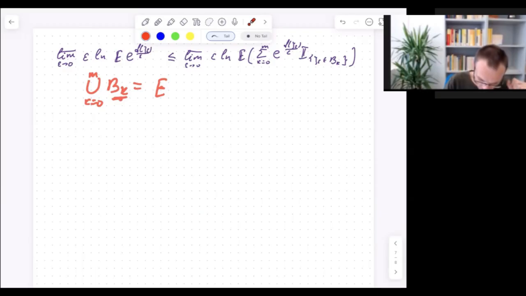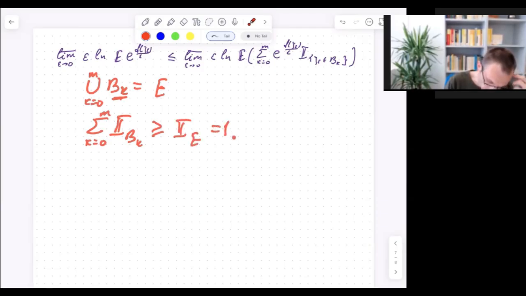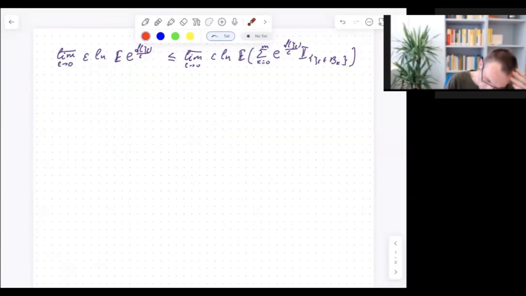When we sum the indicators of bk over k from 0 to m, this sum is larger or equal than the indicator of the complete space, which is equal to 1. So what we did here is we replaced that 1 by the sum of indicators, and then moved the exponent inside the sum, and we got that expression here.